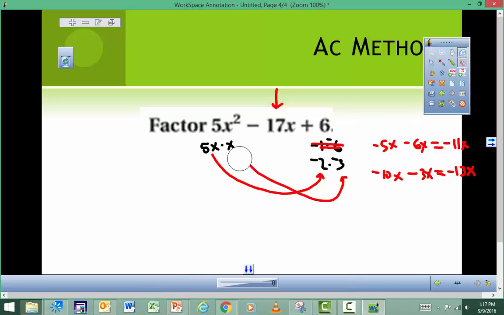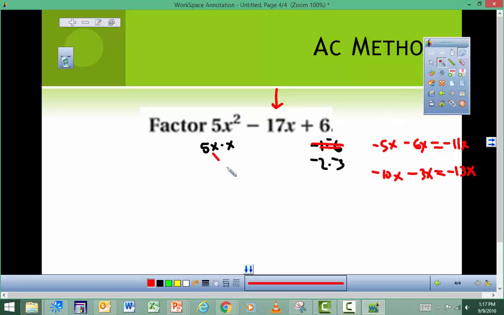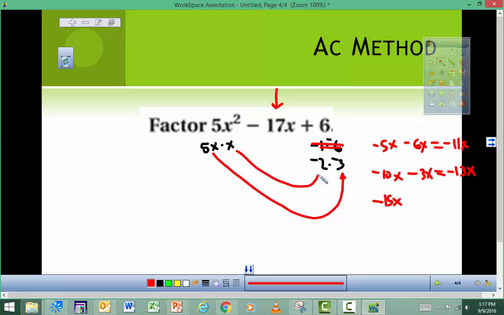Well, so now you see how this is guess and check? Now some of you guys are more clever at guessing than others. Negative 3 and negative 2. How about you pair that one up with that one and it gives you negative 15x, right? And now let's pair this one up with the negative 2 and you get negative 2x, which gives you negative 17. And at this point you go, aha, I found the pair and combinations that work.